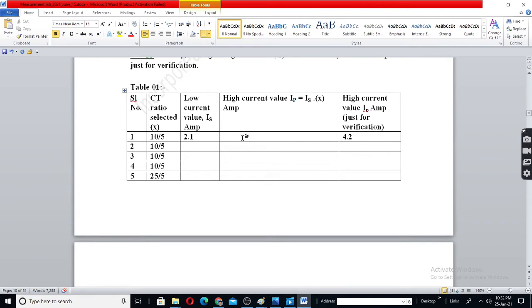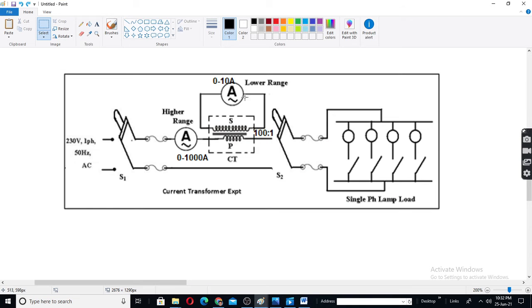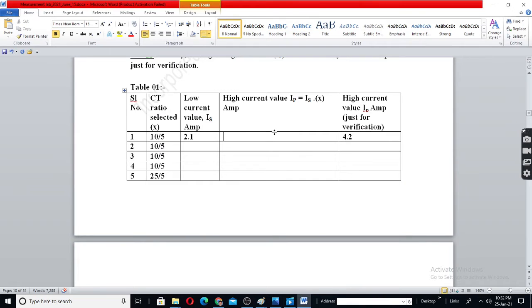And here you should write: IP will be equal to IS into X. What is IS? Secondary current. IS in the secondary circuit is 2.1, into X. X is 10 by 5, that is 2, which is equal to 4.2.